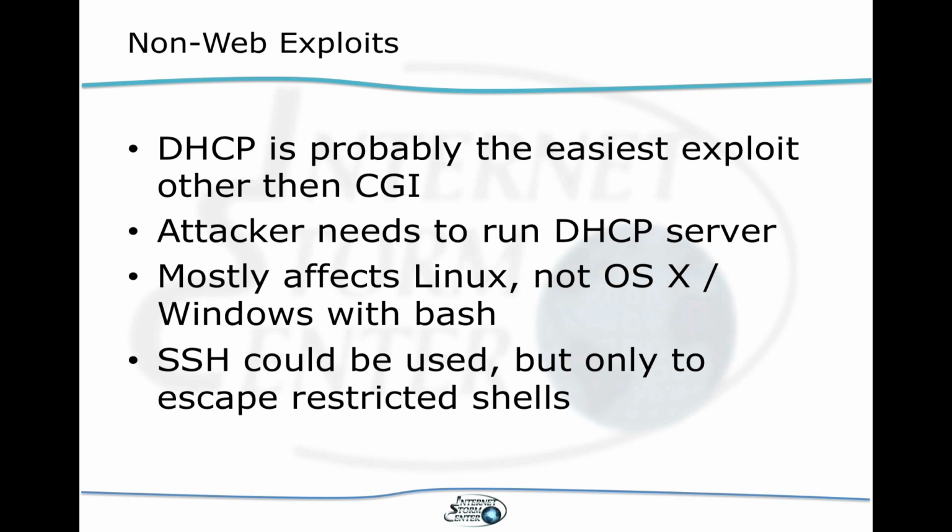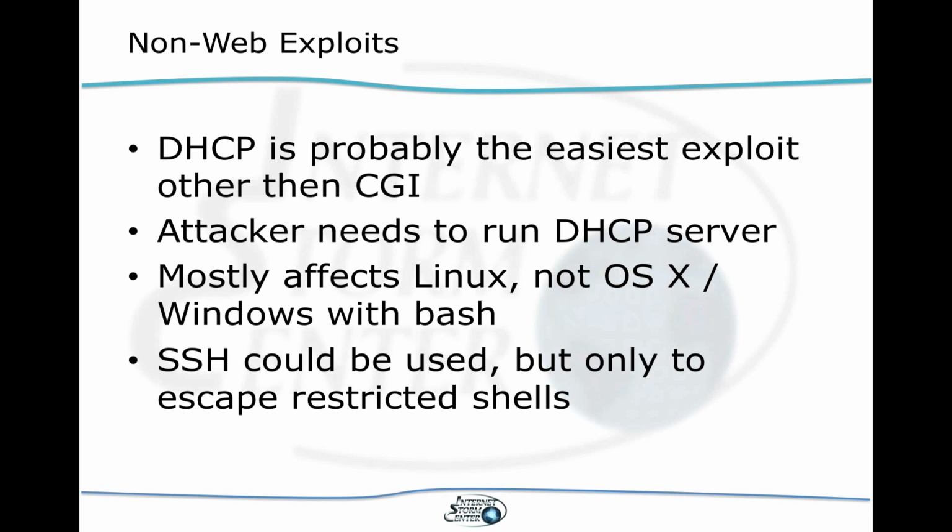As far as exploits go other than CGI bin, probably the most dangerous one here is DHCP. On Linux, the DHCP client will pull parameters from the DHCP server, set up environment variables with those parameters, and then similar to the way CGI bin does it, it will call scripts, and many of those scripts are written in Bash. So here you could be exposed to exploits just by retrieving DHCP leases from an untrusted DHCP server.